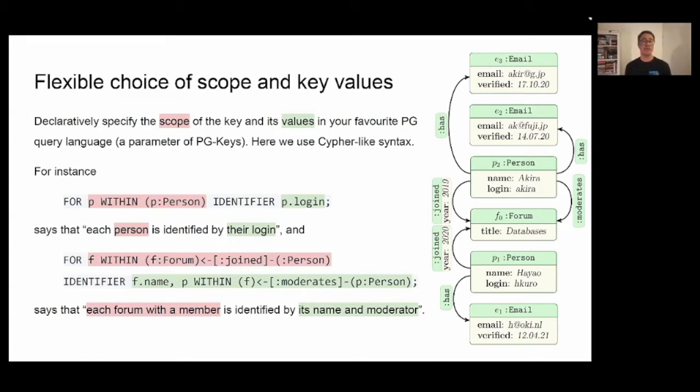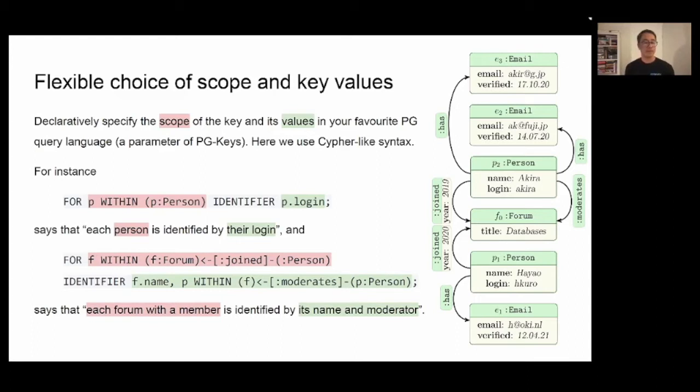As a PG key, we would specify this as for p within this pattern, and this pattern is just a query which selects all nodes p bearing the label person. So for all such objects p, we will have that they are identified by their login attribute value, p.login, here in green.